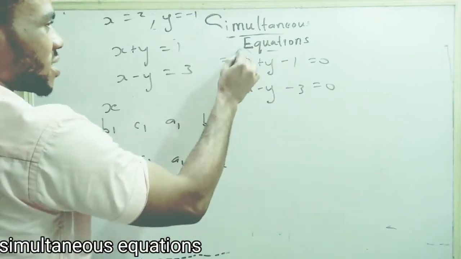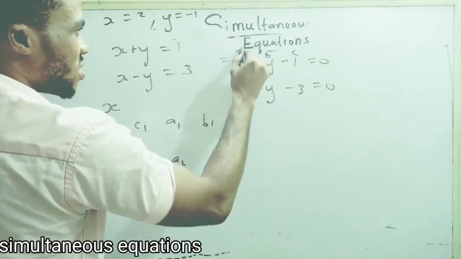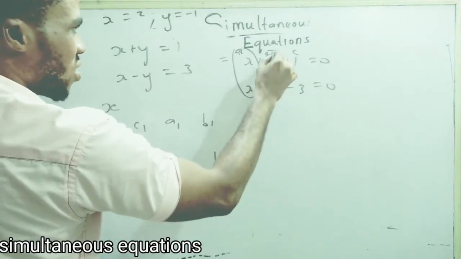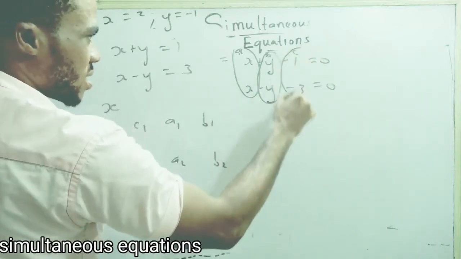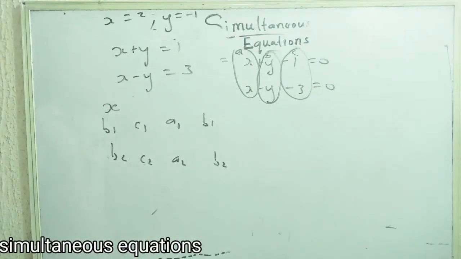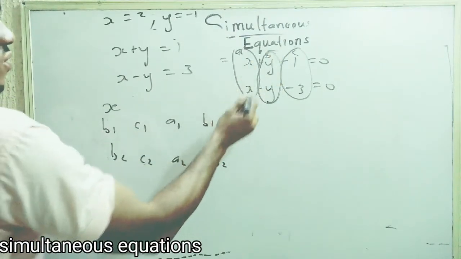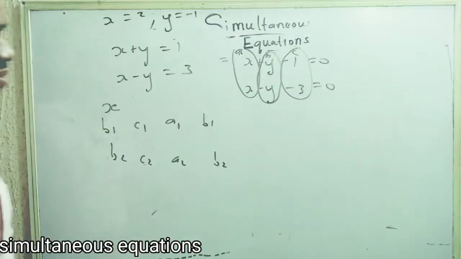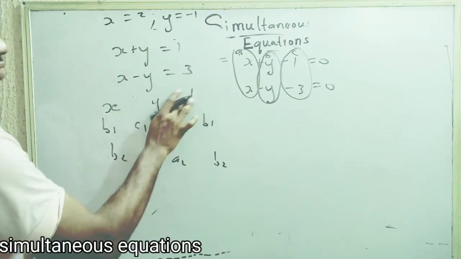Y. It's like saying A, B, C. So this is the B. All the A's are these. All the B's are these. All the C's that I need are these. So for the B's, that's the coefficient of the what? The y. For the A, the coefficient of the what? The x. For the C, the constant term. So use them and replace them here now. You will have something that looks this way.